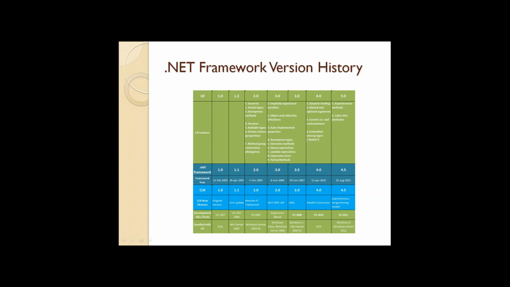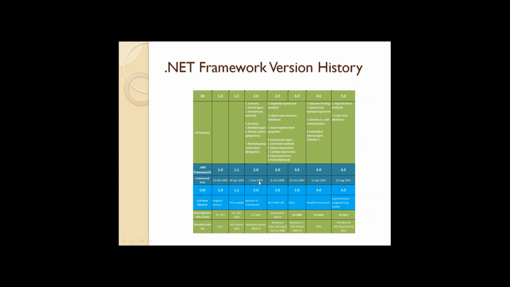Coming to the .NET framework versions, first is .NET framework 1.0. It came in 2002. .NET framework version 1.1 came in 2003.